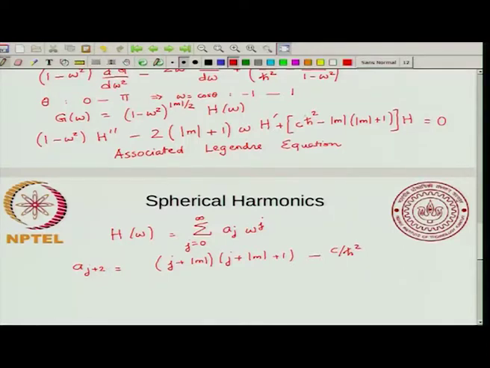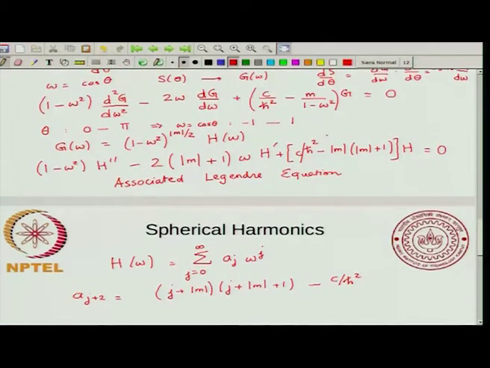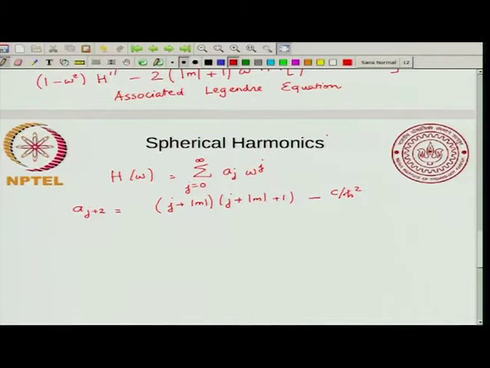Oh, this should be c divided by h bar square. This should have been c divided by h bar square in the differential equation. The whole thing divided by j plus 1 times j plus 2, times a j.